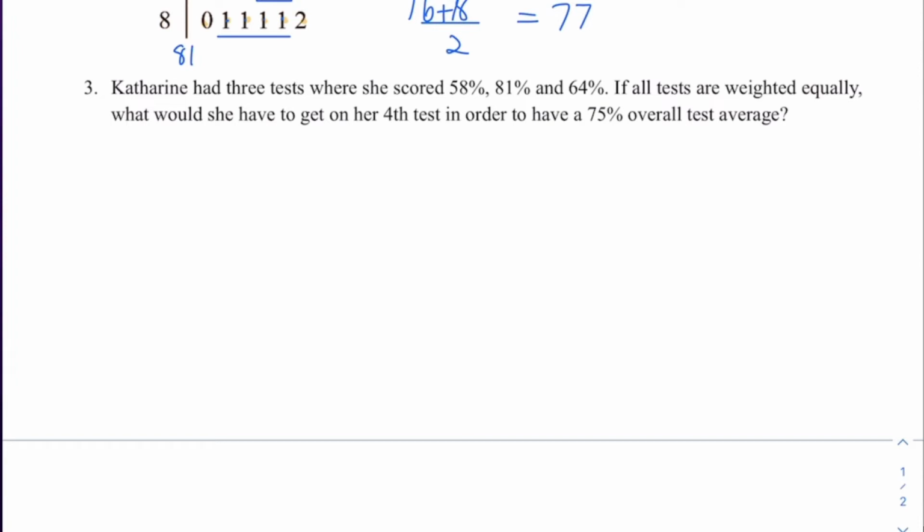So I looked at your quizzes, and there was a lot of guess and checking, and a lot of guys did this thing where they added 58 plus 81 plus 64 and divided that by 3 to get 67.666 repeating, and then they tried to average this with another test. Guys, that's not how you do it, okay?